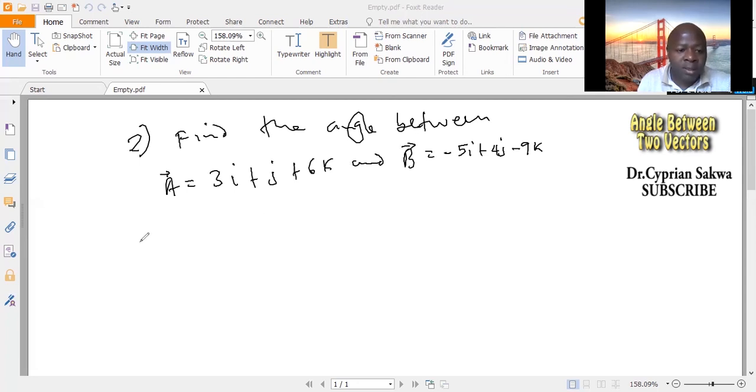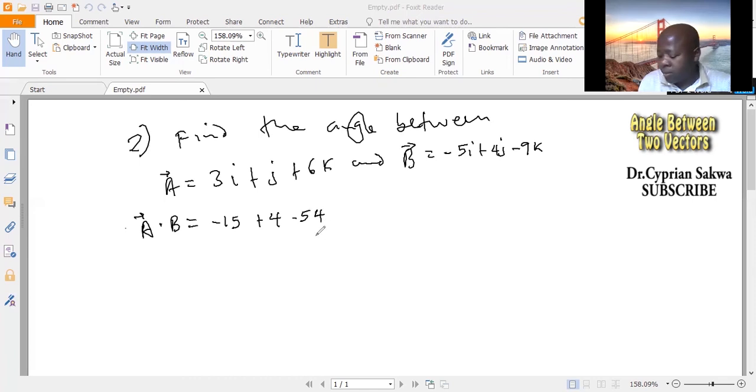We begin with the dot product A dot B. We multiply 3 by negative 5 to get negative 15, then 1 times 4 to get 4, and then 6 times negative 9 to get negative 54.